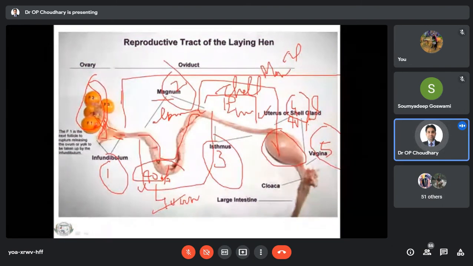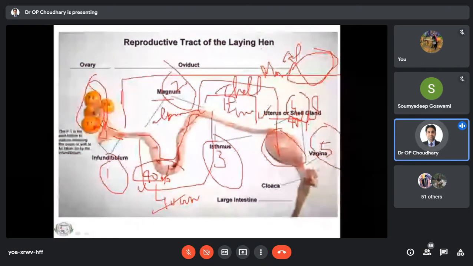Along with the formation of the albumin, this uterus is also important to form the shell. The egg is covered with the shell, so it is called the shell gland. This is very, very important.